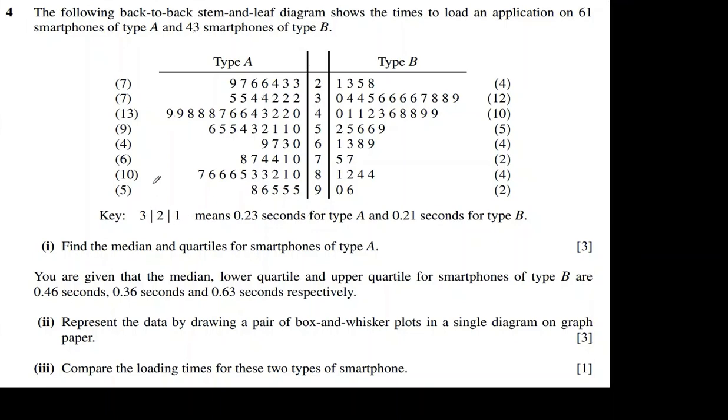So median, total how many are they? 61. So the position for the median will be 61 plus 1 divided by 2, which is 62 divided by 2, 31. The 31st data will be the median. Let me start from the smaller one. So 1, 2, 3, 4, 5, 6, 7, 8, 9, 10, 11, 12, 13, 14, 15, 16, 17, 18, 19, 20, 21, 22, 23, 24, 25, 26, 27, 28, 29, 30, 31.